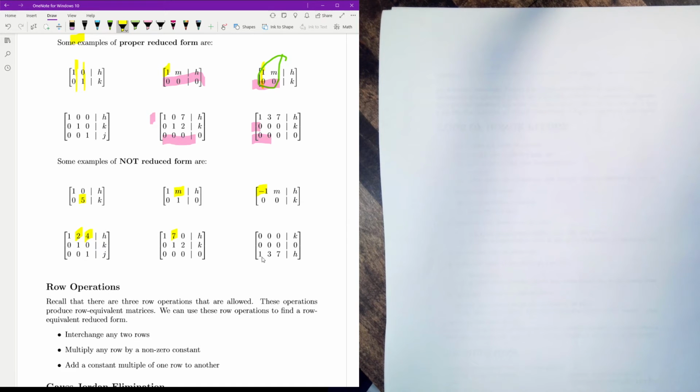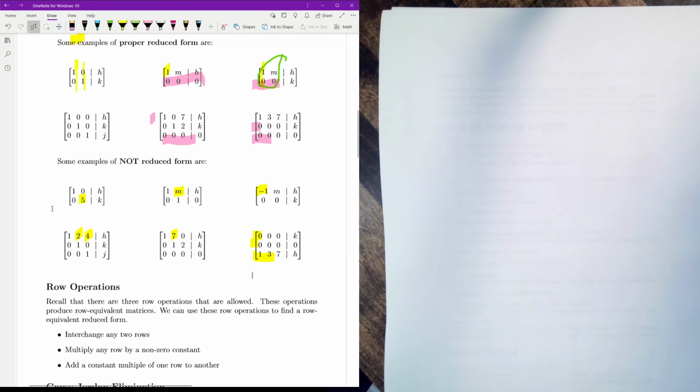Not reduced form because the zero rows are not below all rows containing non-zero items. So this last row, 1, 3, 7, should be the first. This does not follow; pivots also don't follow a diagonal pattern.